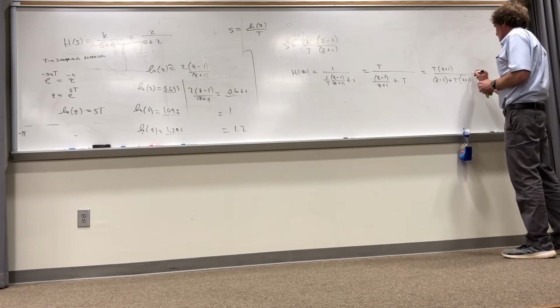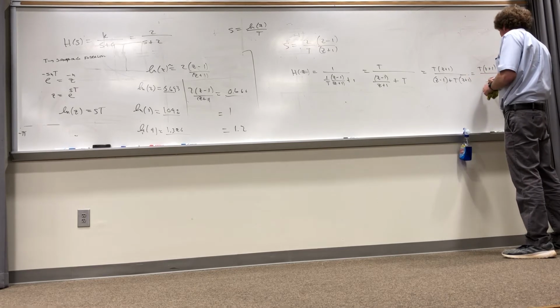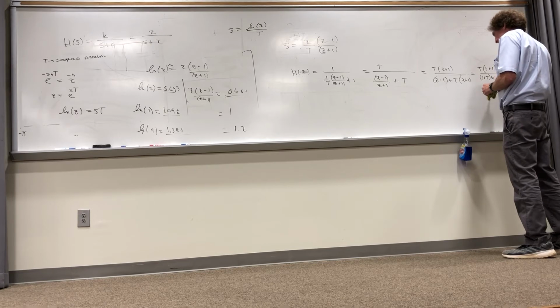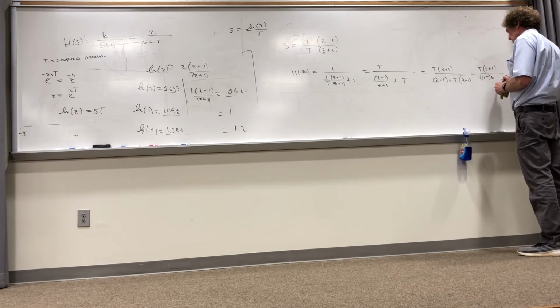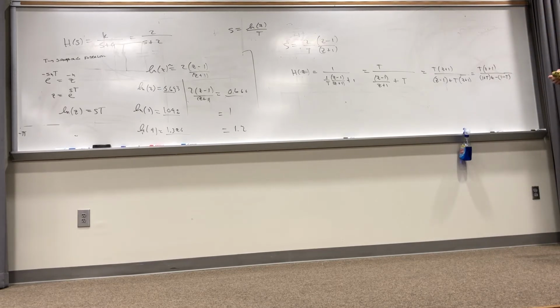And then I can group terms, and I have T times Z plus 1 divided by 1 plus T times Z, and then minus the quantity 1 minus T. You could put a plus there and have plus T minus 1. It doesn't matter, but this is just a way of doing it.